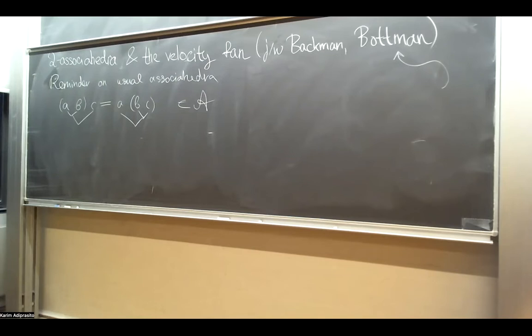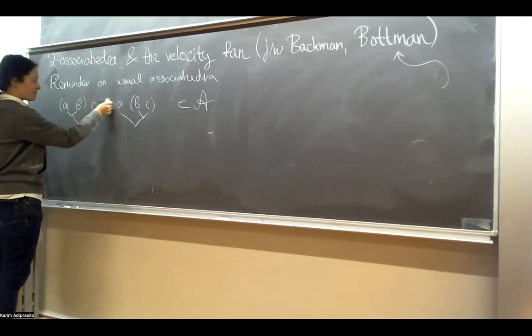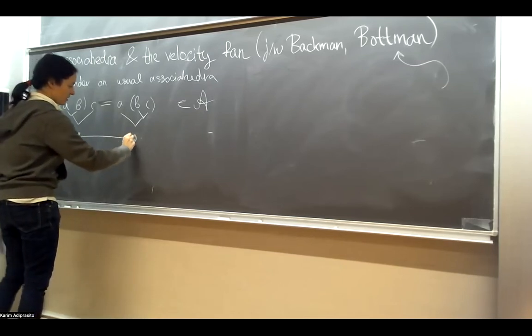So associahedra are polytopes that deal with a situation where this thing and this thing are different from each other, but not very different, homotopic.